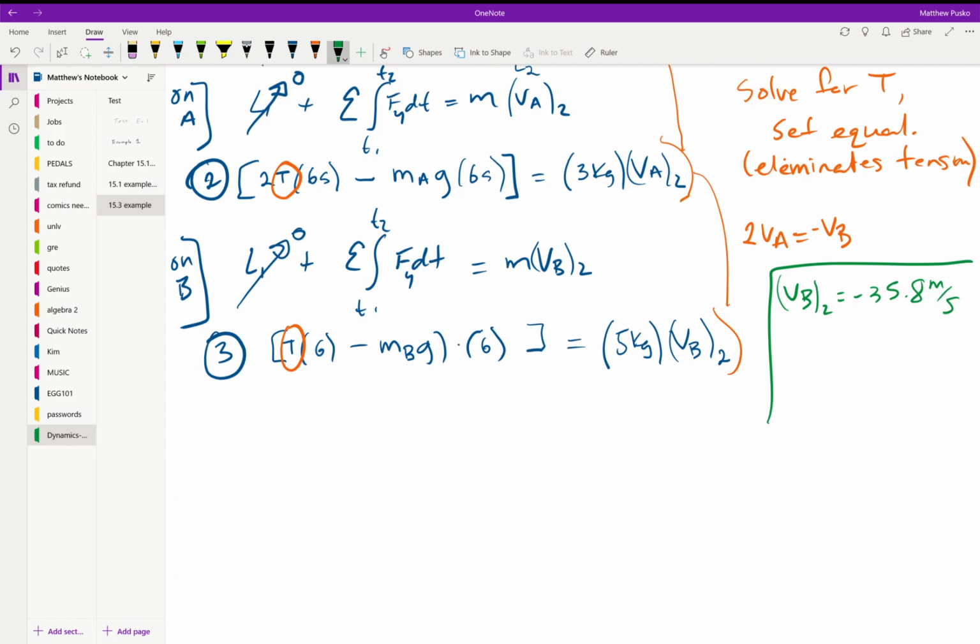It is moving down. Now that we have that information, you can substitute back in if you wanted to know the tension. So any of these equations you could sub back into and get a tension equal to 19.2 newtons.